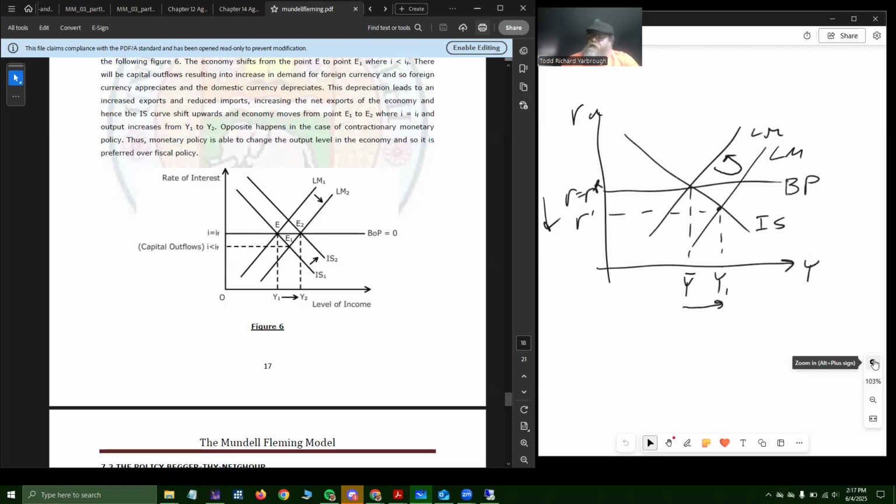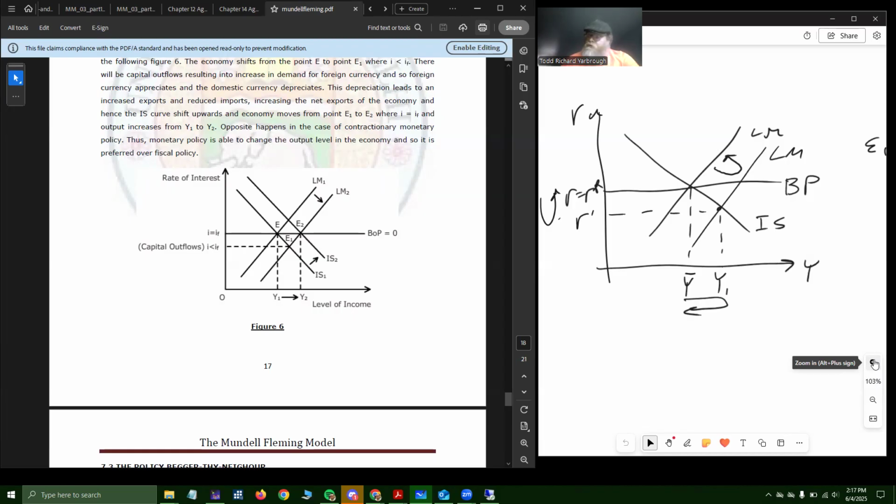And so we get this interesting outcome where output comes back to where it was before. Interest rates come back to where they were before, right? And so ultimately exchange rates, right? Initially there's going to be downward pressure on exchange rates because domestic interest rates are now lower, but then that's going to come back around and eventually exchange rates are going to rise back to where they were before.